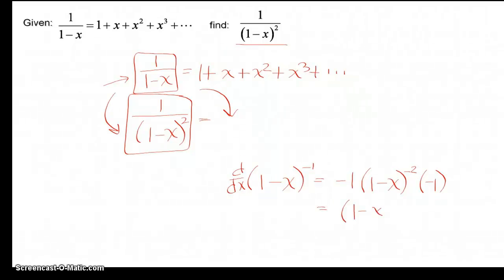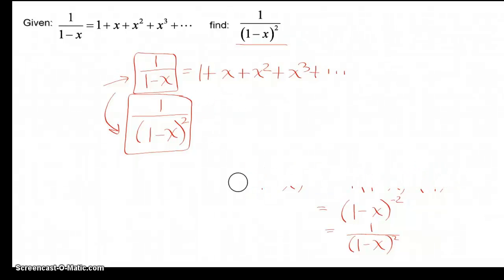This is the quantity 1 minus x to the negative 2, which is equivalent to 1 over 1 minus x to the positive 2. So I know now that I need to differentiate term by term every member of the power series for 1 over 1 minus x.